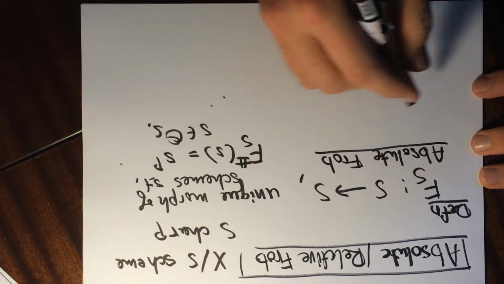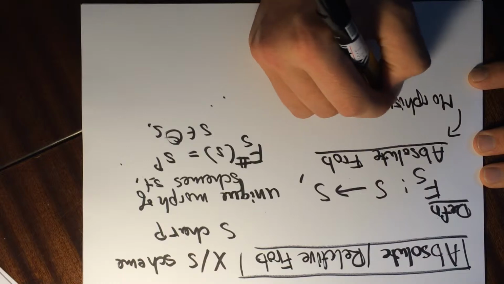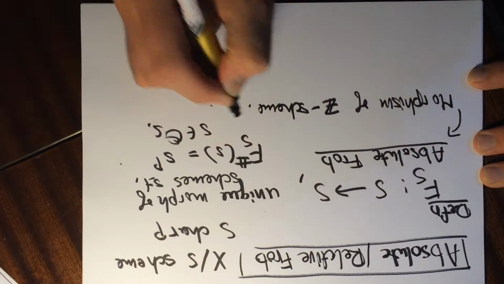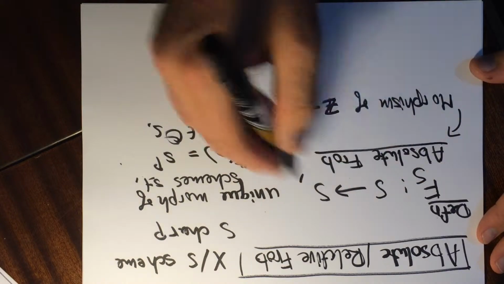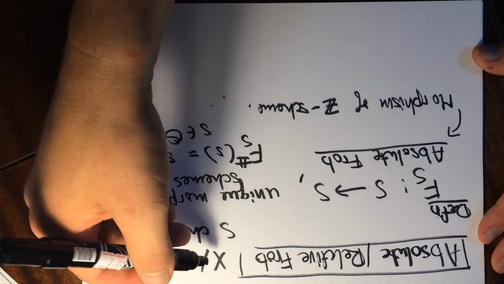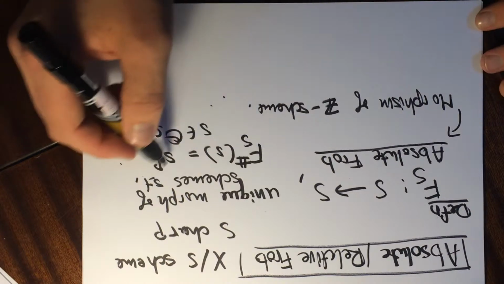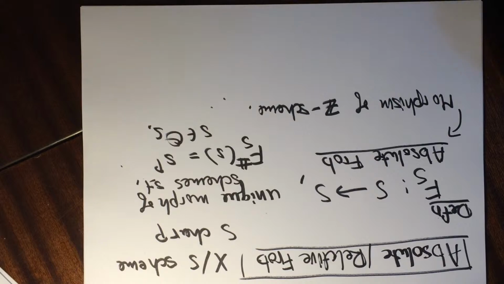This is a morphism of Z schemes. It's just a morphism of schemes, that's all. You don't really say that it's a morphism relative to anything. Okay, so this is the absolute Frobenius. There's one here, there's one on X, so since X is over S, there's always one. And this actually fixes the morphism, okay?